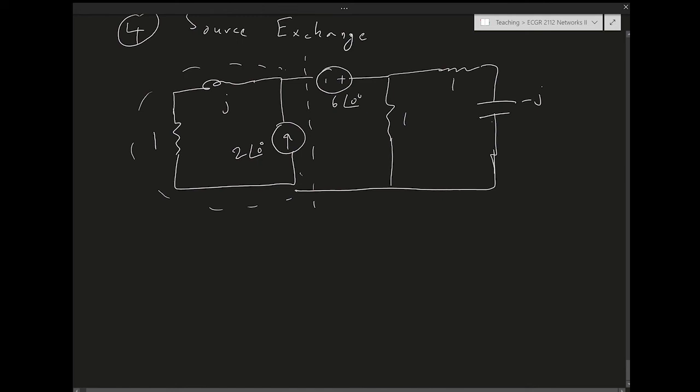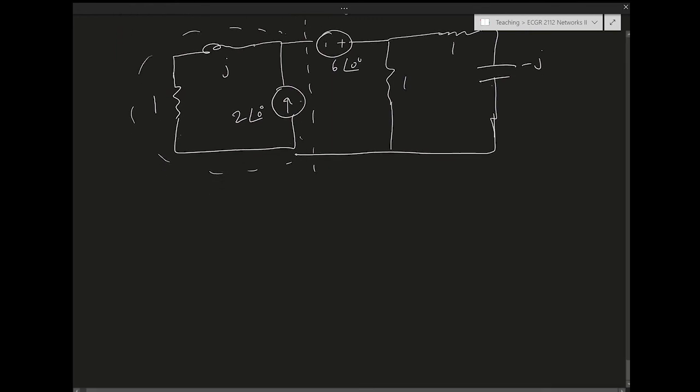It is exactly a matter of conversion between the two different representations. You take a current source in parallel with an impedance, you change it into a voltage source in series with an impedance. You take a voltage source in series with an impedance, you convert it to a current source in parallel with an impedance.